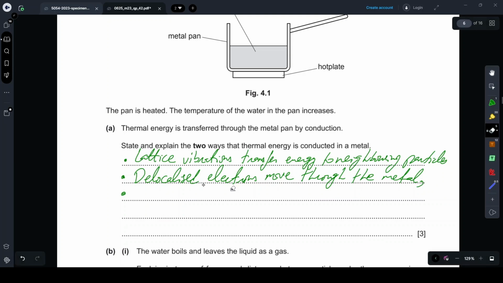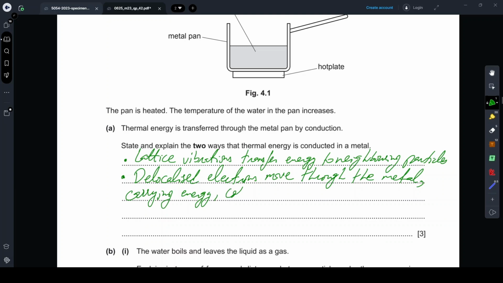Okay. So for the electron thing, they've actually divided it into 2 points. Electrons move through the metal, carrying energy, colliding with particles.